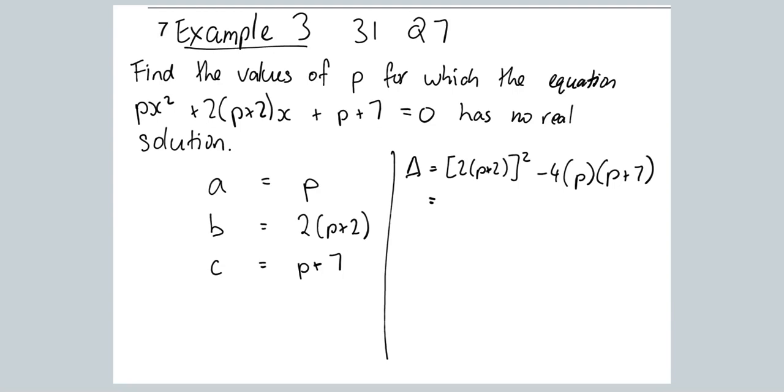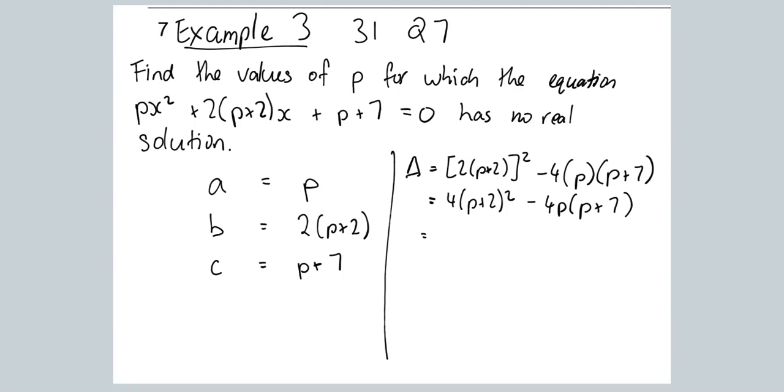Now, this left-hand side here, I have something multiplied by something else squared. And our index laws say that if I have two things multiplied together and squared, each thing gets squared. So that's going to be 4(p + 2) all squared. And I'll just get rid of some of these unnecessary brackets here now. 4p(p + 7).